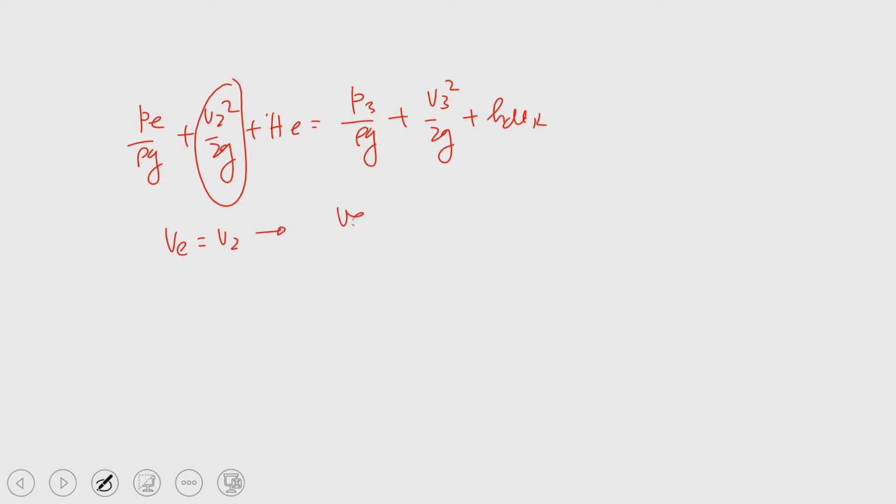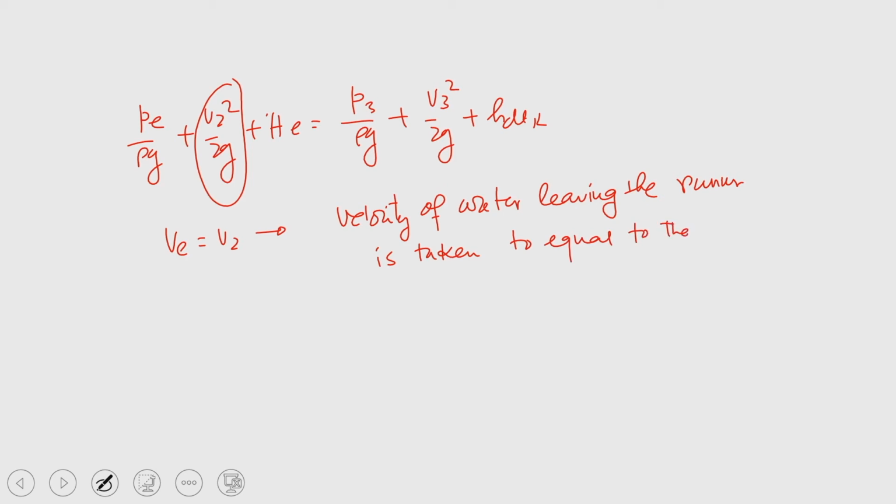So, the velocity of water leaving the runner is taken to be equal to the velocity of water entering the draft tube.